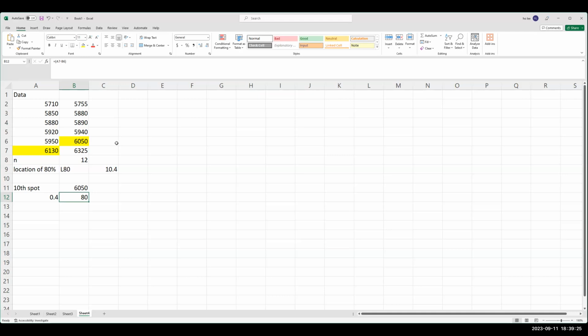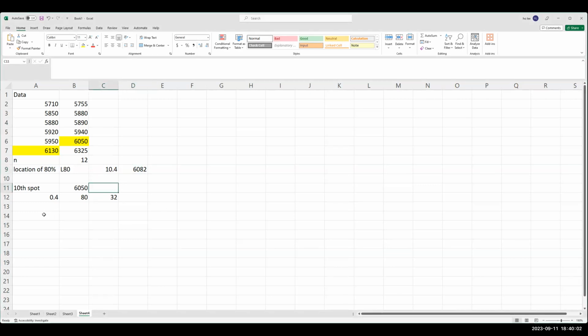And we're 40% of that gap away, so it's 40% times this gap, which is 32. Now we add these two together. So the 10.4th spot is equal to 6050 plus 32, which is 6082. That is the value at the 80th percentile.